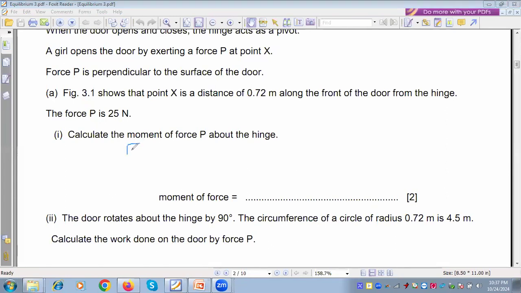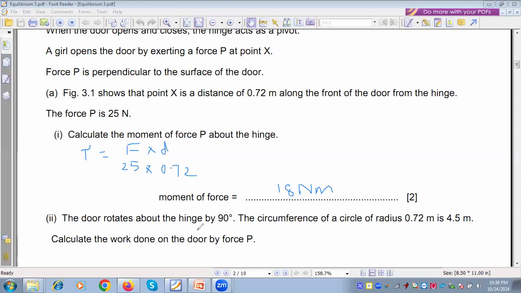F into D. You can write tau as the symbol of moment. So 25 into 0.72, and that comes to 18 Newton meter.